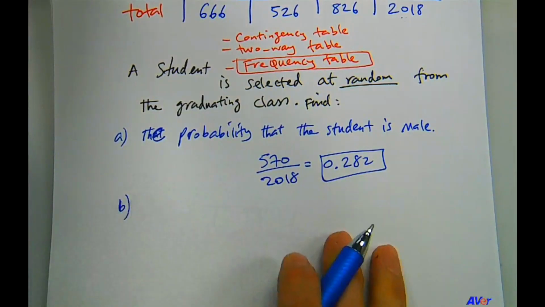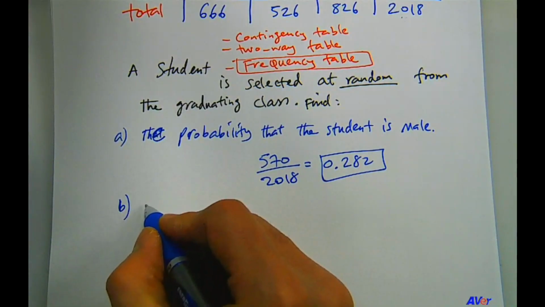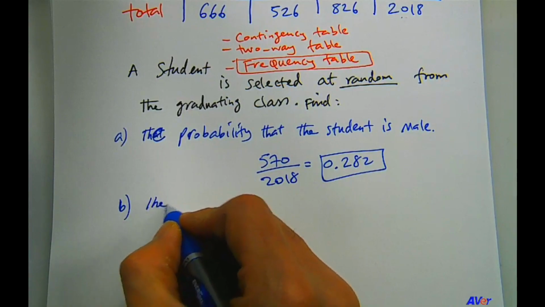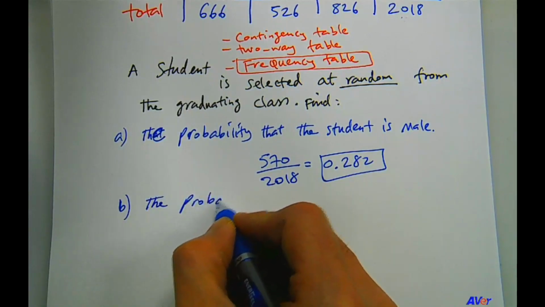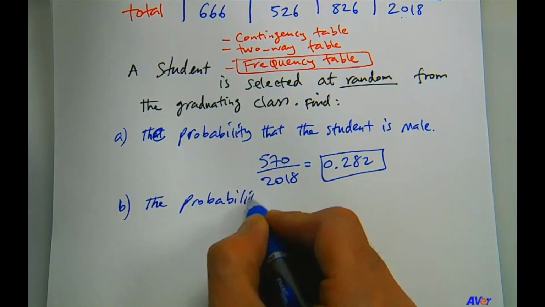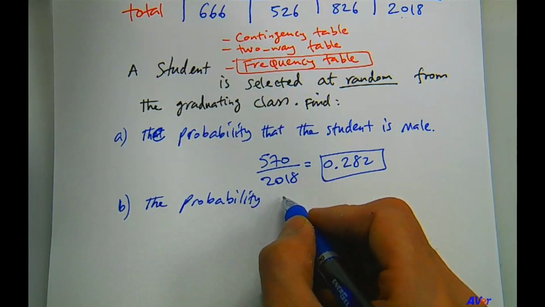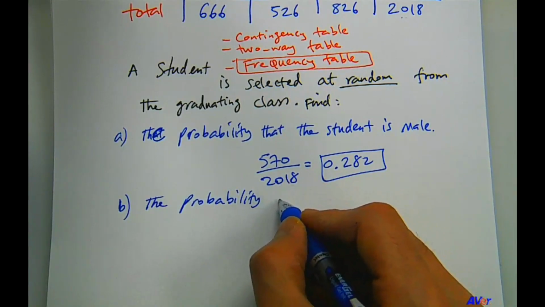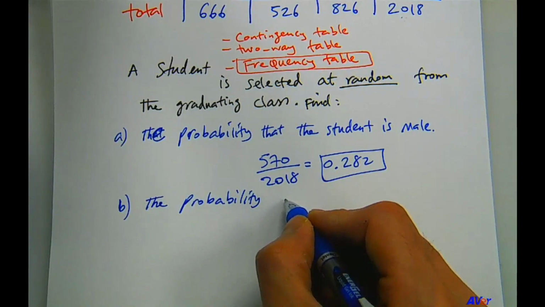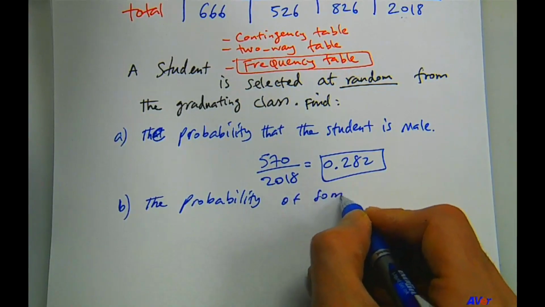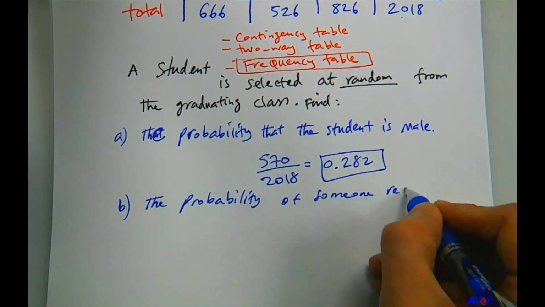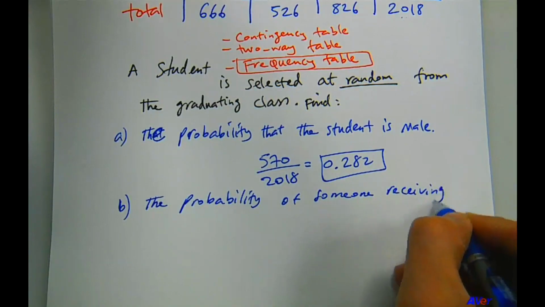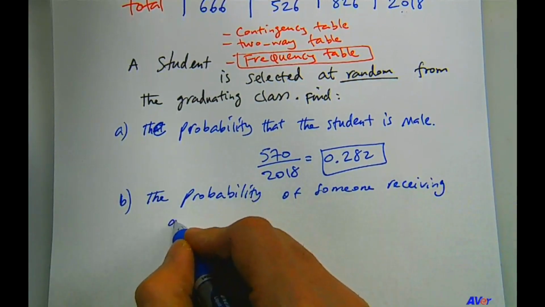So part B, we want to find the probability of someone receiving an arts and science degree.